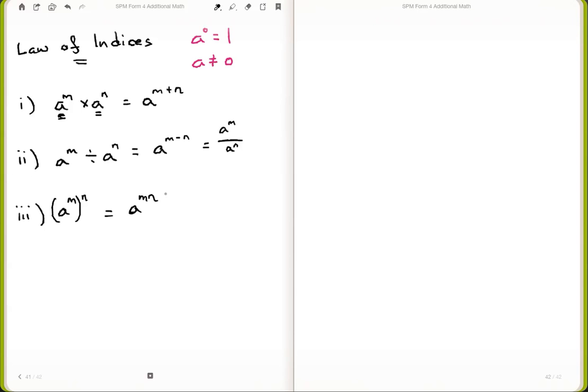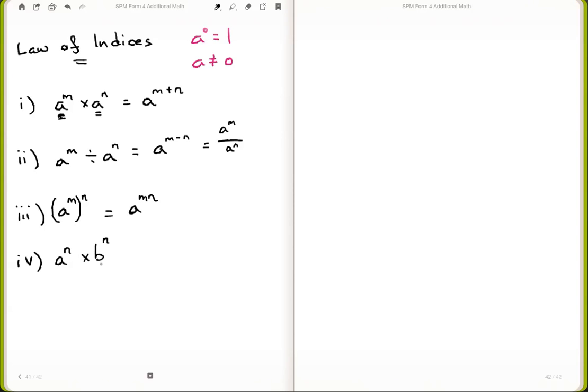Three laws. You may of course have another form, which says what happens when your base is not the same. Let me introduce the fourth one. What happens if you have a^n times b^n?